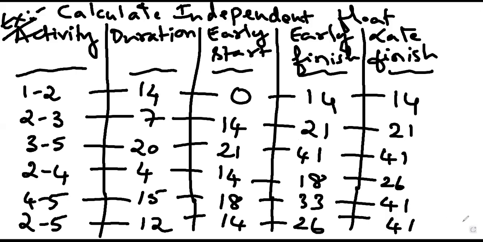So basically, we have to determine the independent float for each of these activities. These are the list of activities. So just make note of all these.